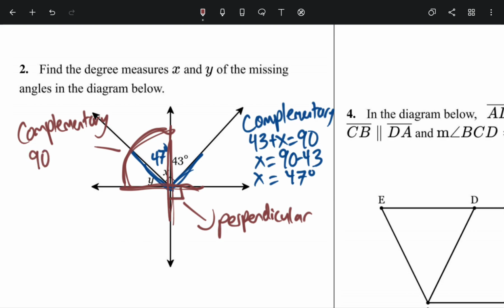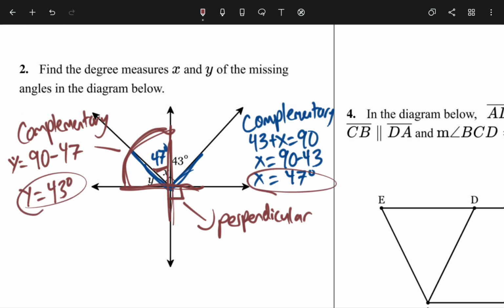So 90 minus 47, because that's what X is equal to, gives Y. So Y equals 43 degrees. So X is 47, Y is 43.